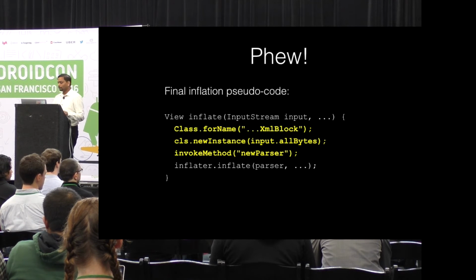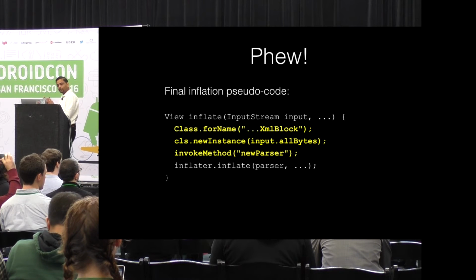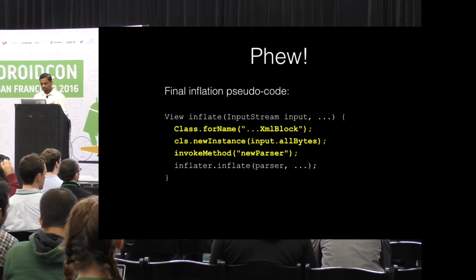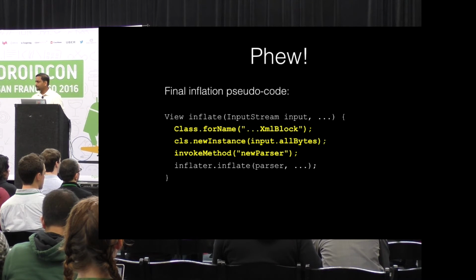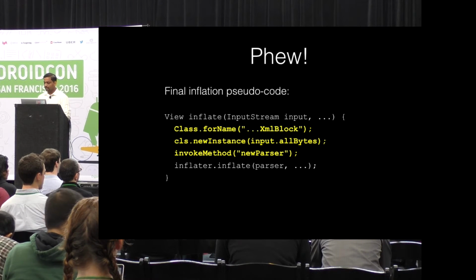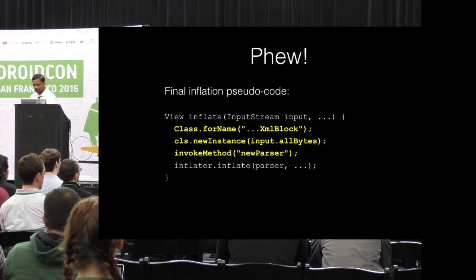So what we have as code is something like this. You get hold of the class XML block. Constructor takes the raw bytes. These bytes have to be of the compiled XML, not the raw XML, not the plain text XMLs, which means you will have to pre-process the XML layout that you create. Get hold of the method new parser, invoke, and you are done.